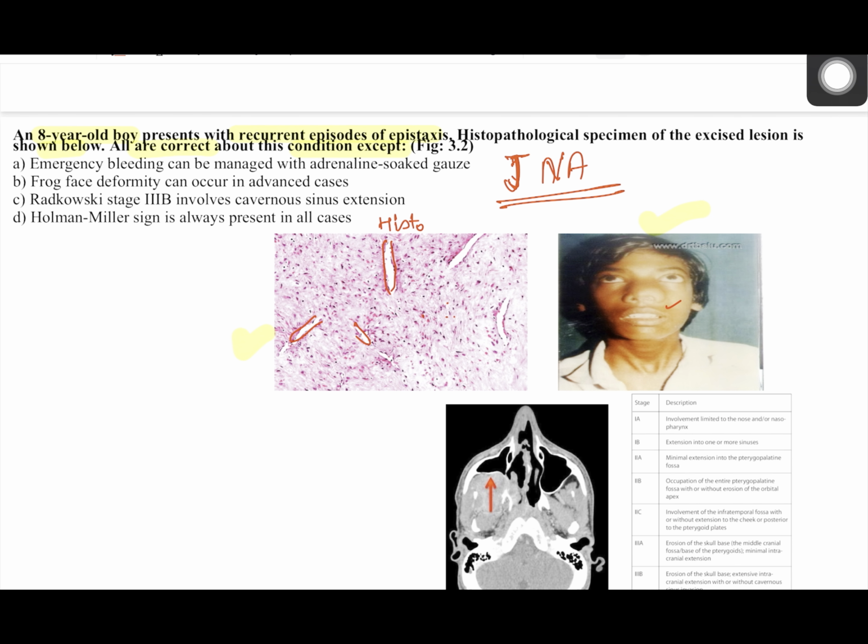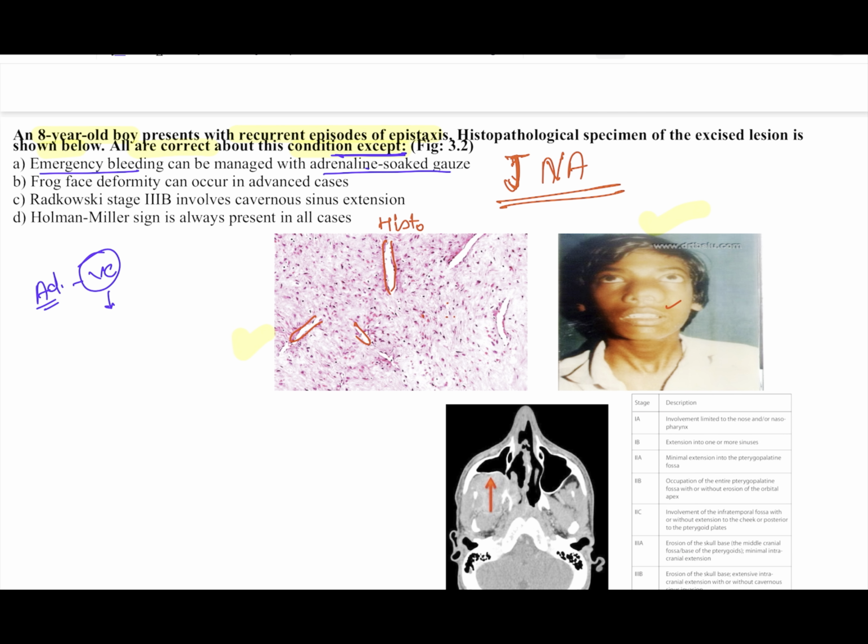Now you need to search which one is the correct option, except means which one is incorrect. So one by one we will go. First is saying emergency bleeding can be managed by adrenaline-soaked gauze. Yes, because adrenaline is a vasoconstrictor.